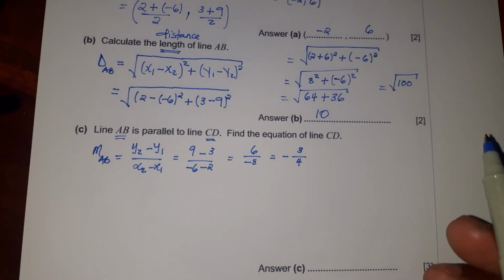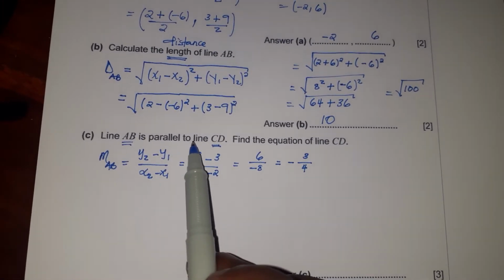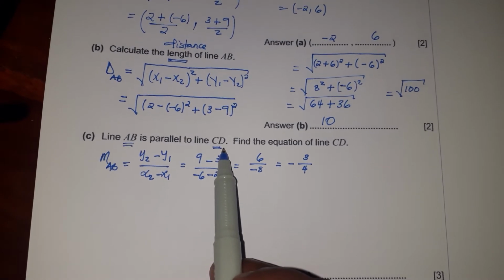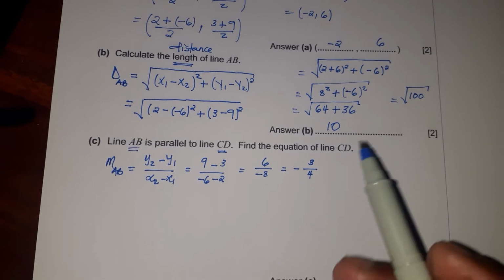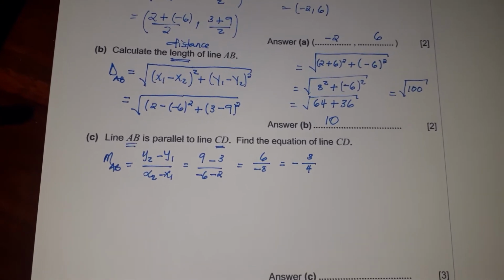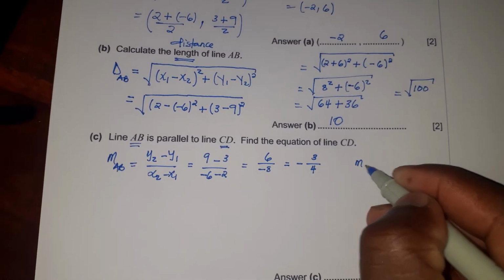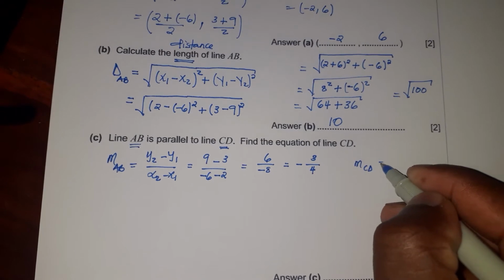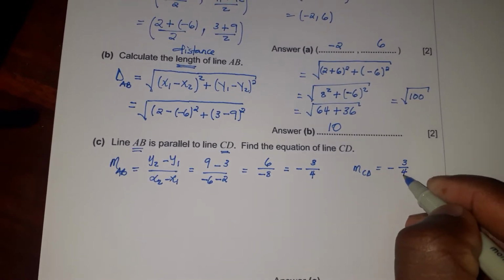But since line AB is parallel to line CD, therefore we know that parallel lines have the same or equal gradients. Therefore, we can also say that the gradient for line CD is also equal to negative 3 over 4.